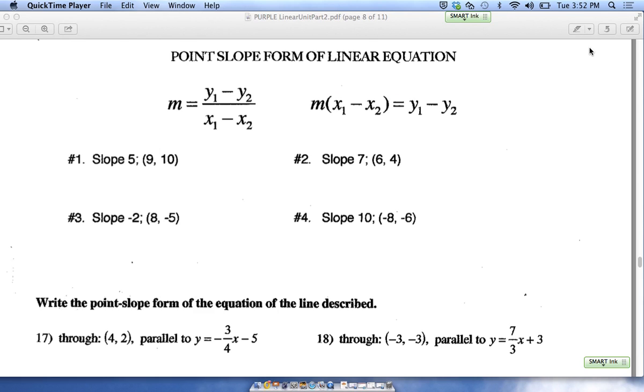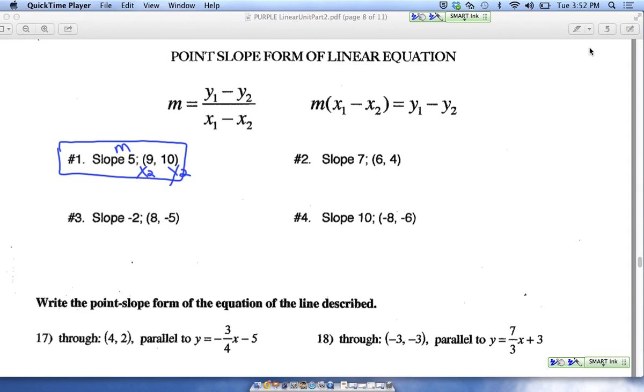Number 1, if you're given a slope of 5 and a point (9, 10). So to arrange this into the point-slope form, I will use the model. 9 would be x sub 2 and 10 would be y sub 2. So taking this to my model, and of course the slope itself, the number 5, is the letter m.